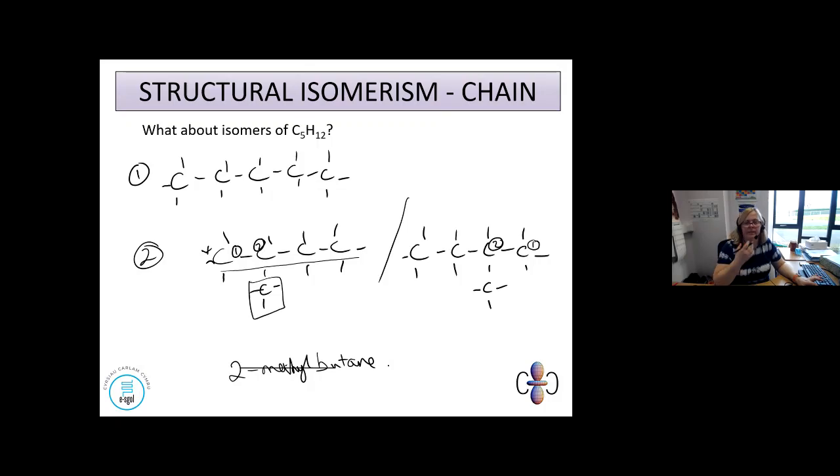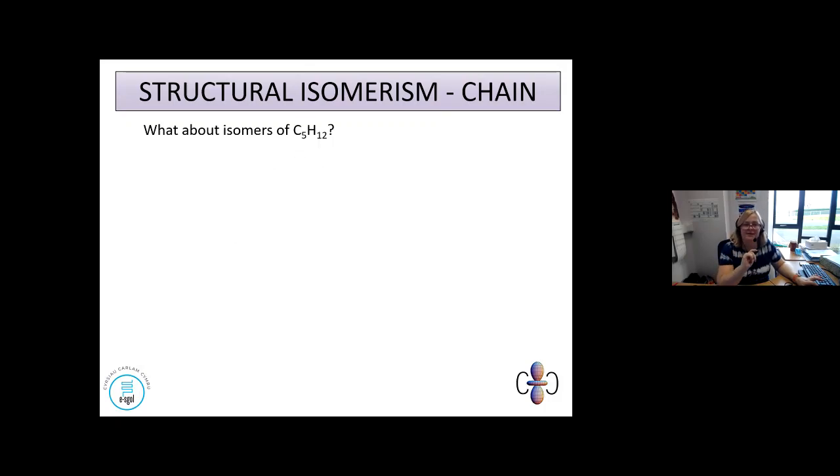Is that it? No. In reality, there is a third one that we could be dealing with. So instead of having 4, let's go for 3. Okay. Instinctively, the first thing that people tend to then do is go, right, let's stick the 2 C I've got left over and let's put both of them on the center one. Well, the problem with that is that now the longest chain is still 4.